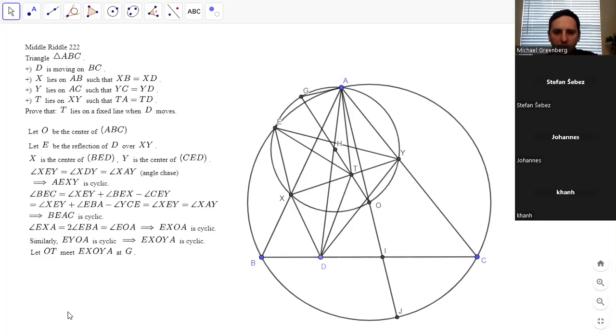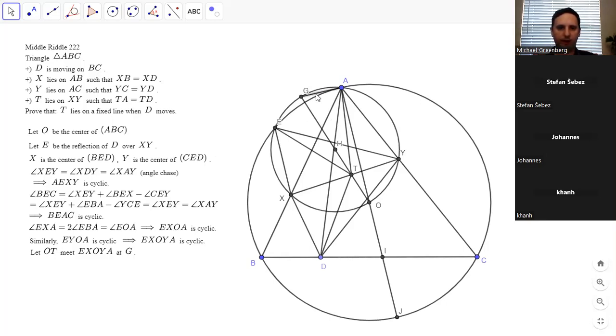Well, OT, angle OAG is 90. Okay, so we're defining G. Are we defining OT and the circle again?